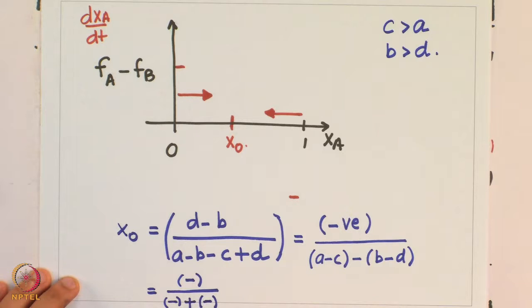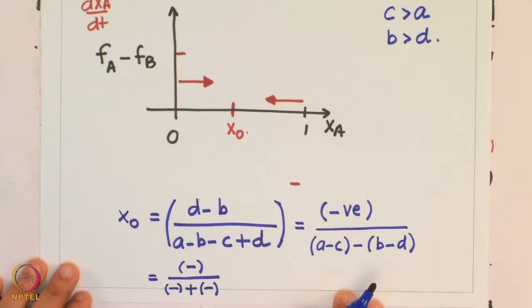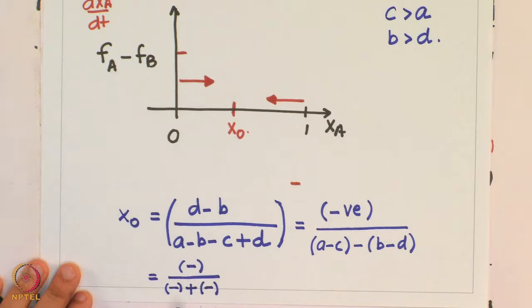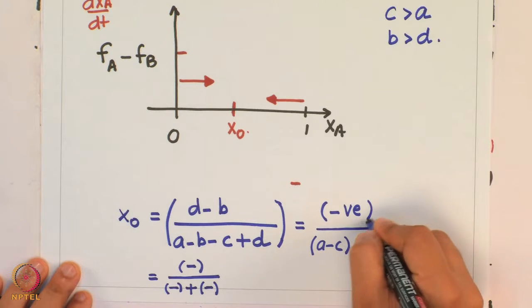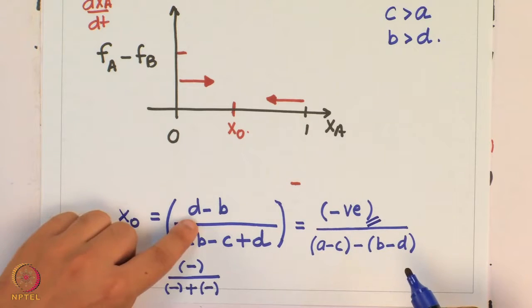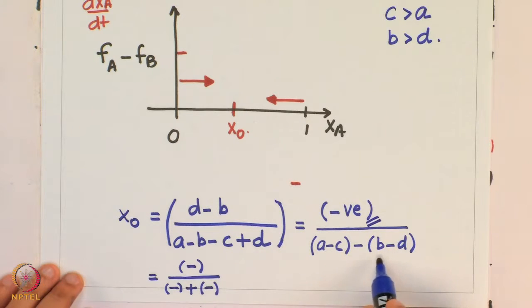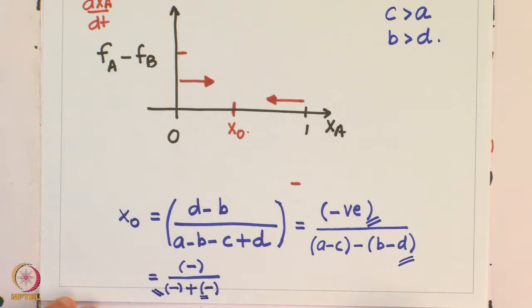So, x naught is actually a negative number divided by two negative numbers, and the magnitude of the denominator is more than the magnitude of the numerator, because the numerator is d minus b, and in the denominator this term is also d minus b, and to this d minus b we are also adding another negative number, hence the magnitude of the denominator is more than that of the numerator.